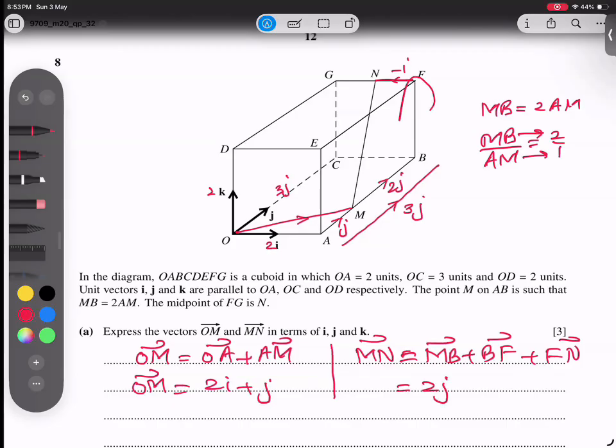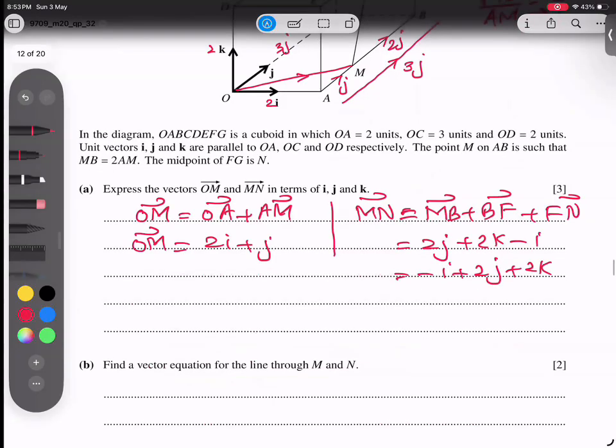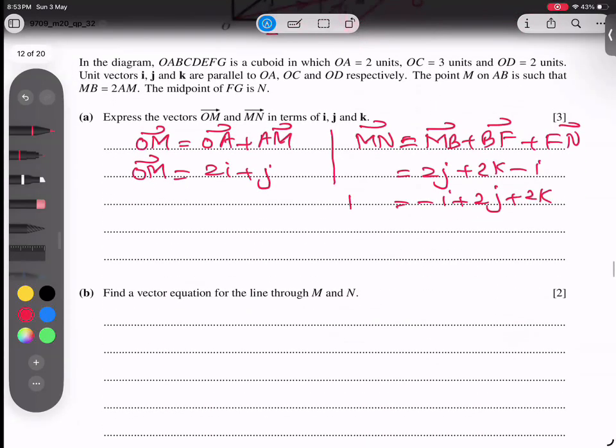So 2j, and this is equal to 2k, and this is going backwards, so negative i. So we can write negative i plus 2j plus 2k. I hope the point is very clear. The vector equation of the line, he's asking us, the vector equation of the line through M and N.